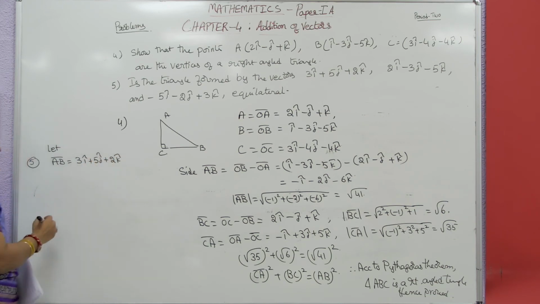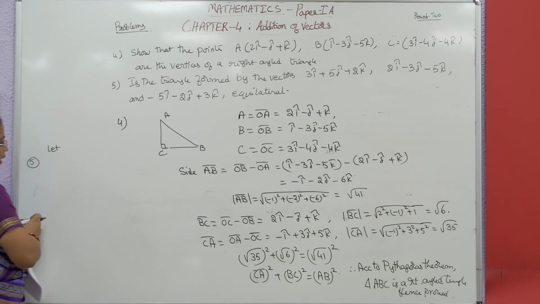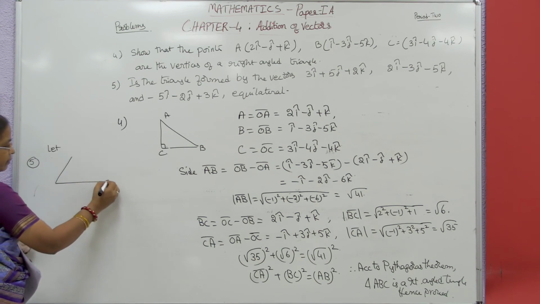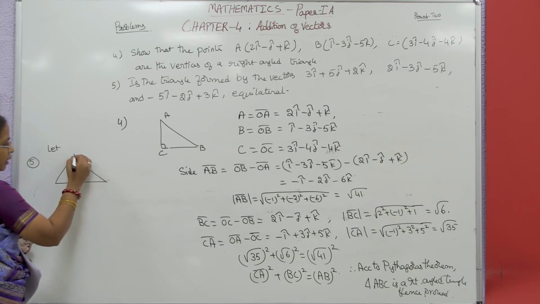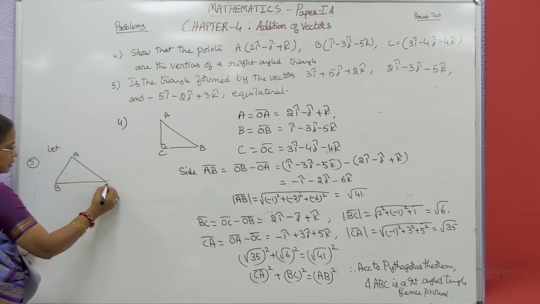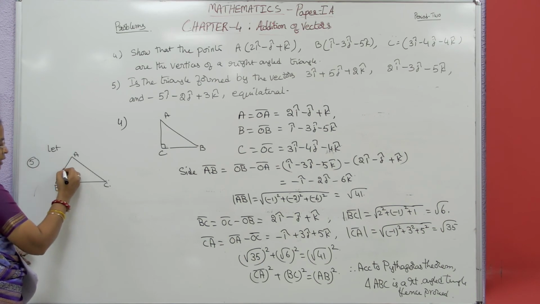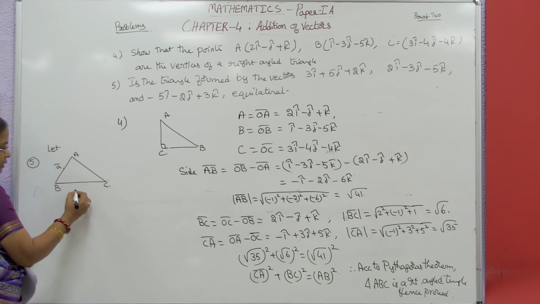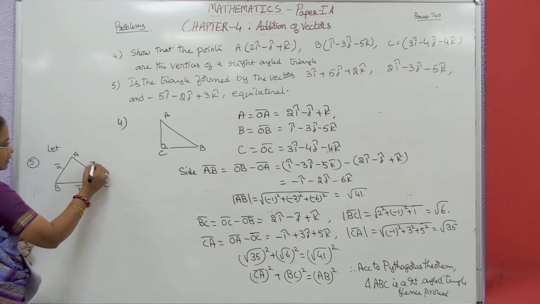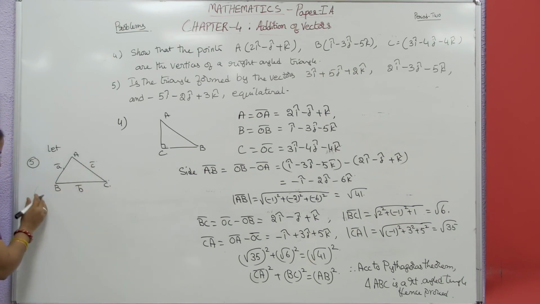AB side. So another side is BC. So if you take the triangle like this, ABC, one side is A, another side is B, another side is C. So it is like this in the triangle.